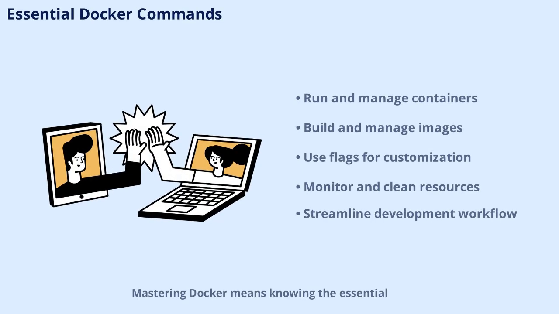Mastering Docker means knowing the essential commands for managing containers and images. You can run containers in the background, list running or stopped containers, stop or remove them, and view logs for troubleshooting. Image management is just as straightforward. Build images from Dockerfiles, list or remove images, and pull or push images to registries.